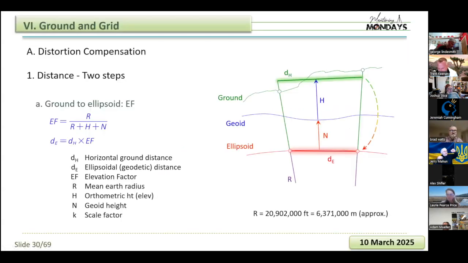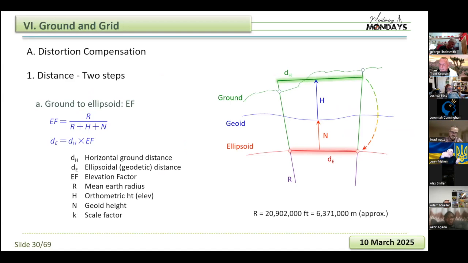All right, remember there's 2 types of distortions. There's a distance distortion and there's a direction distortion. The distance distortion, we can compensate for it or do the actual grid, ground to grid in 2 steps. The first step is to go from ground to the ellipsoid.